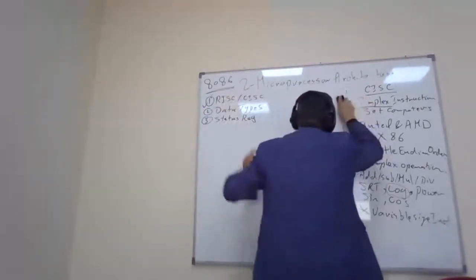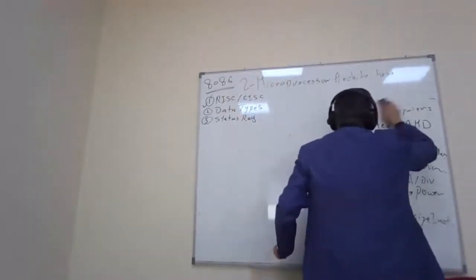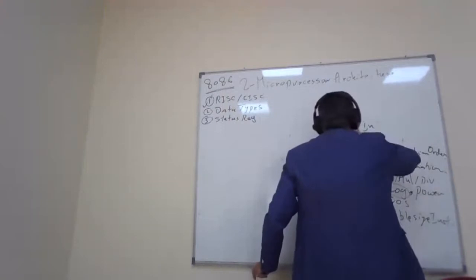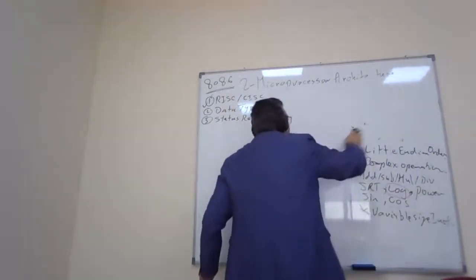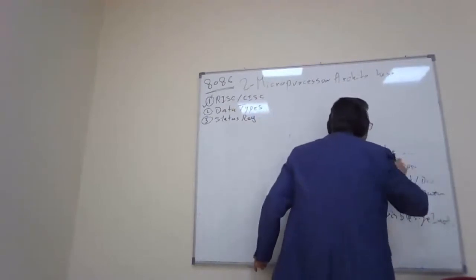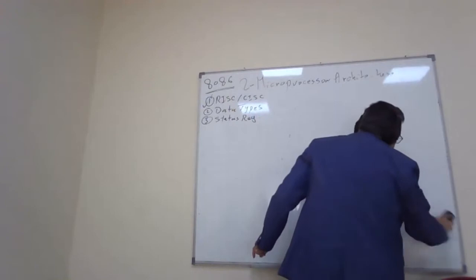Remember that we are talking about the 8086 machine. In the 8086 machine, the word size is 16 bits. And for the x86 in general, they don't change this term. They fix the word size to be 16 bits.